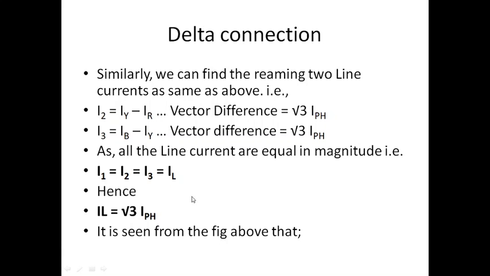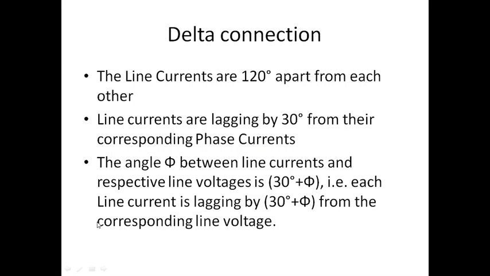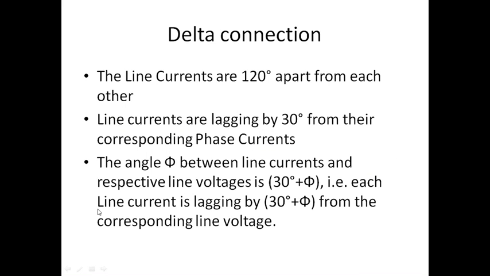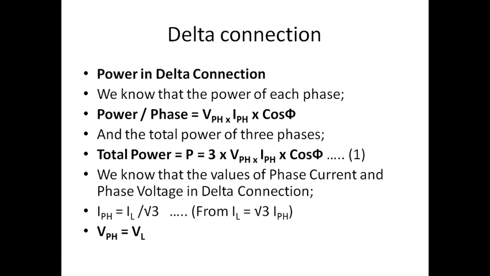Hence IL is equal to root 3 into IPH. Root 3 times my phase current is my line current. Lines are 120 degrees apart from each other, the same thing we saw in the star connection.